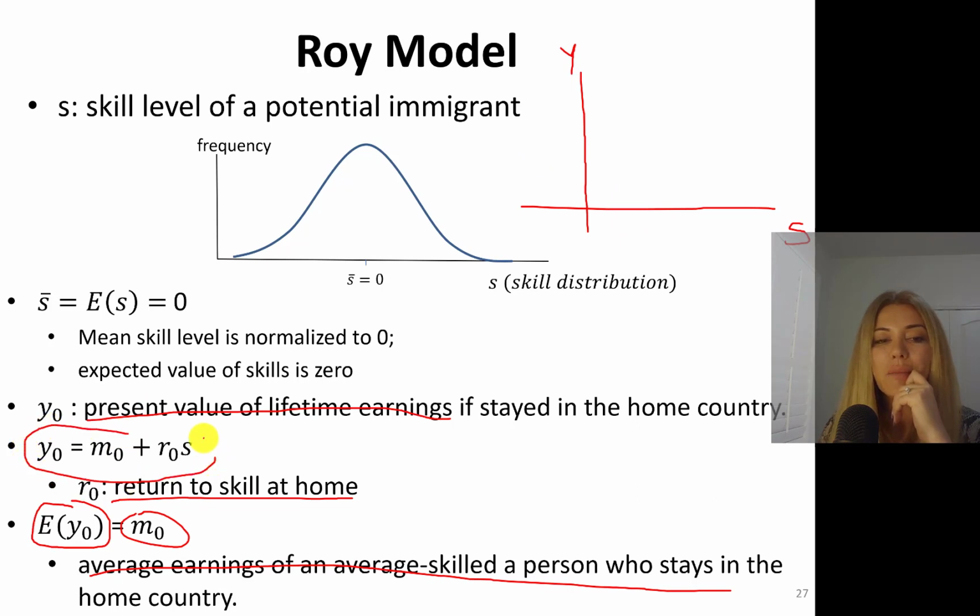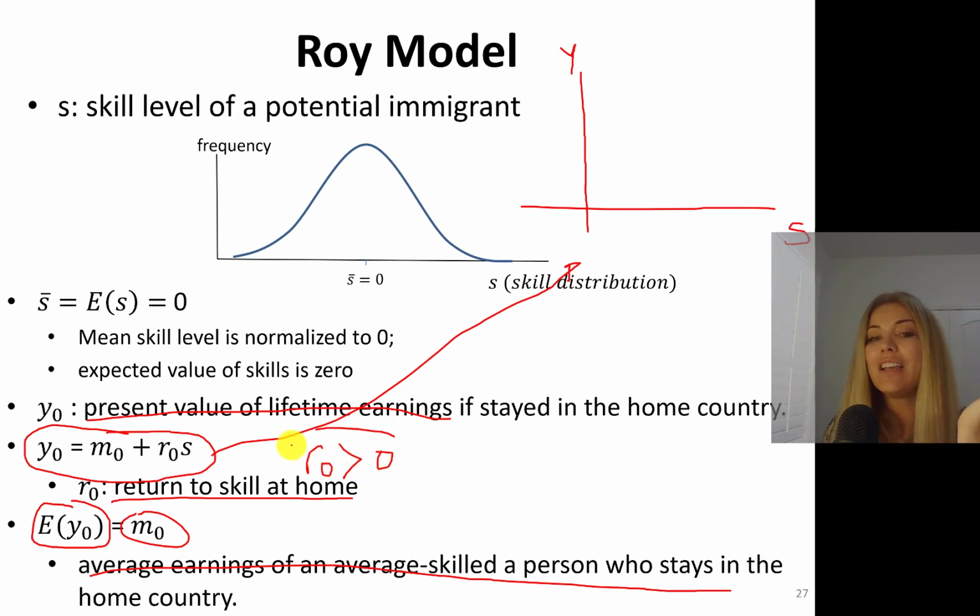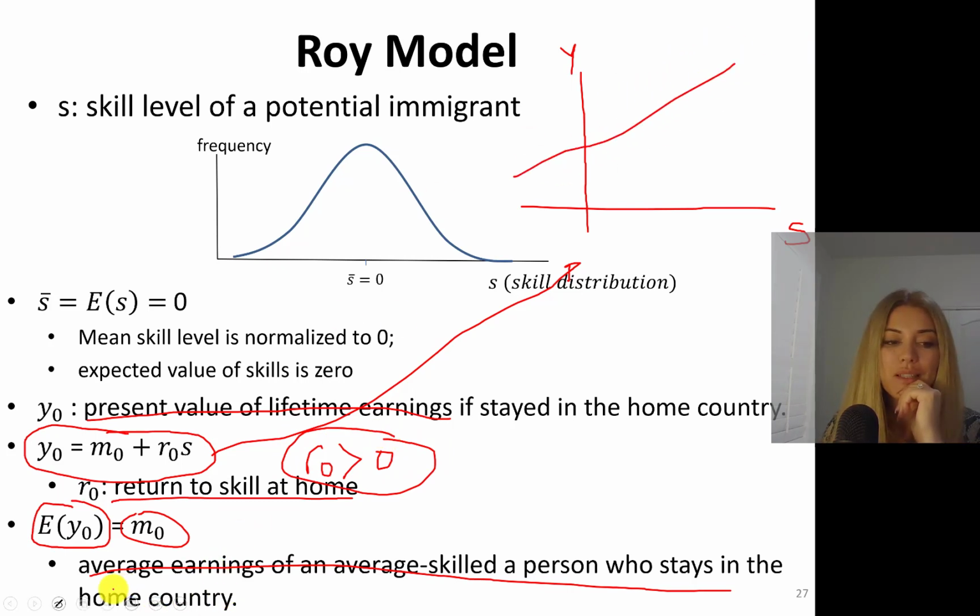Y0 equals M0 plus R0S. Interesting. So R is going to be the slope. If you draw this, I am hoping R0 is positive. I hope it has to be, right? Return to skill needs to be positive. So it's a positively sloping line. This is supposed to be a straight line.